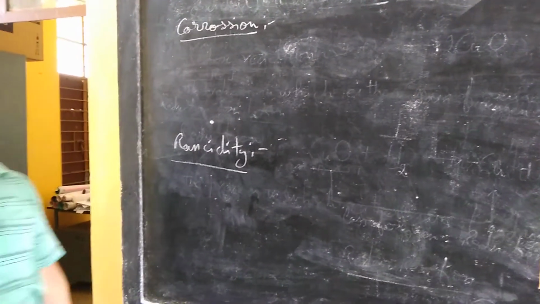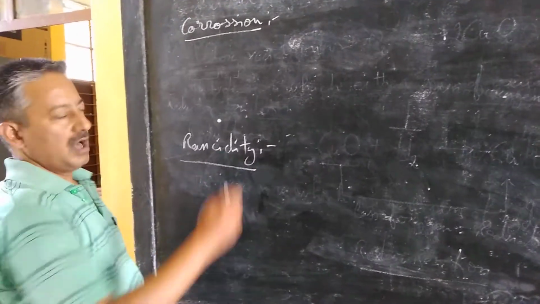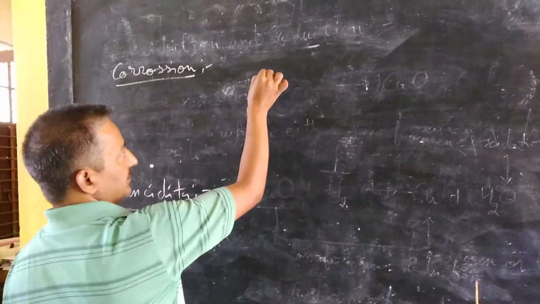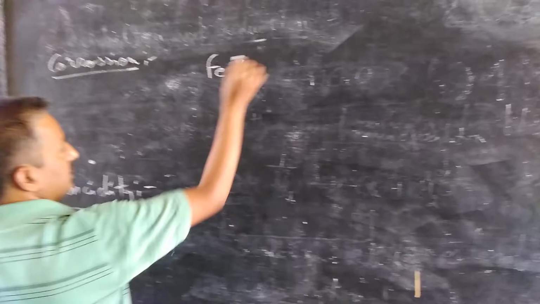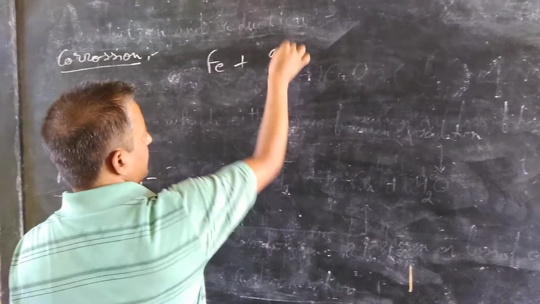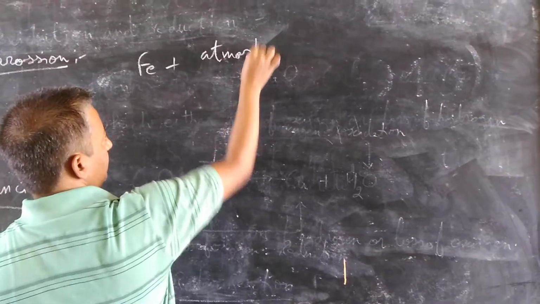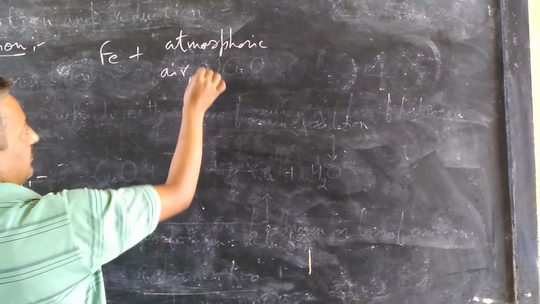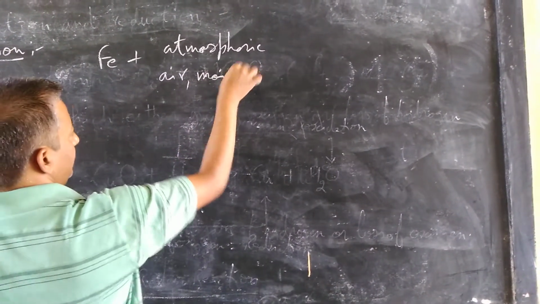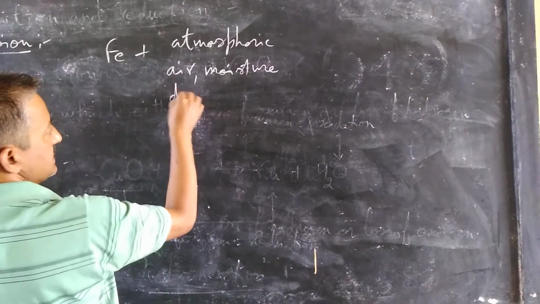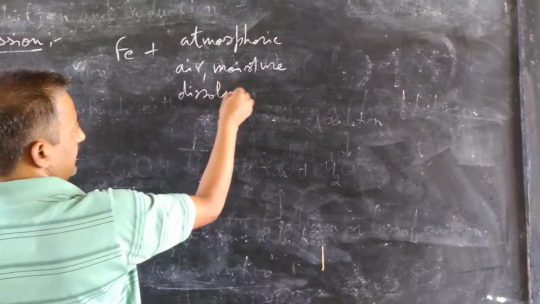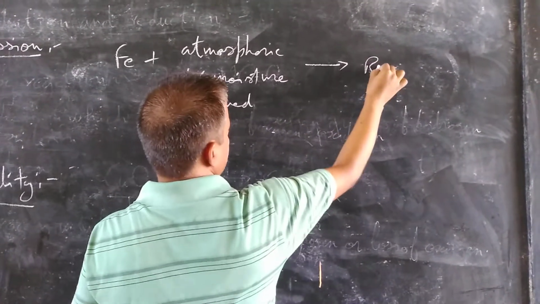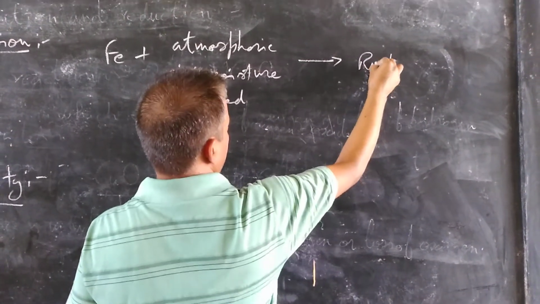Okay, now see, iron particles, when they come in contact with atmospheric air, moisture, or dissolved gases, then there is formation of rust.